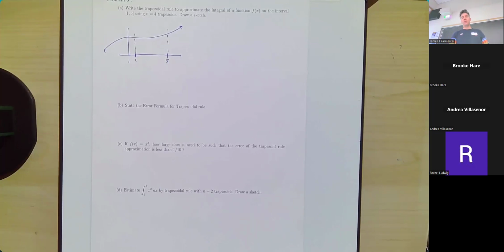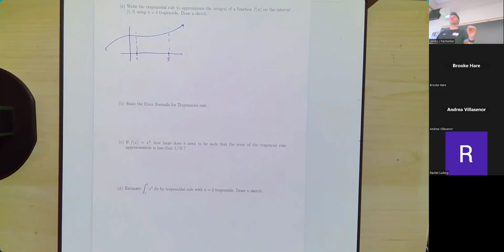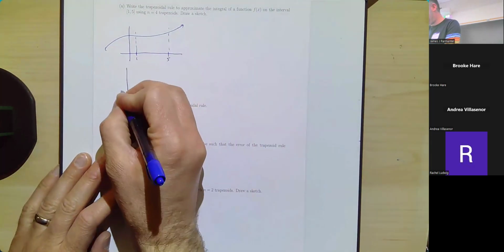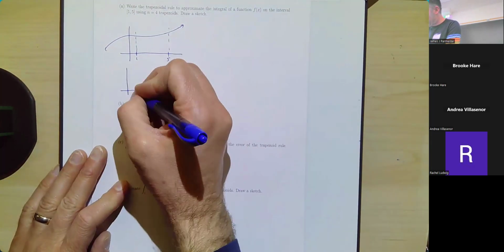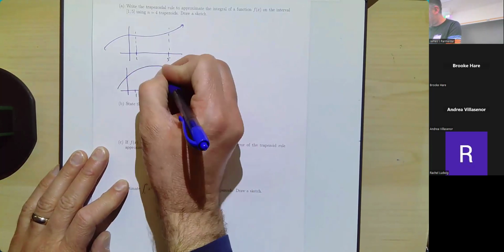Okay. So what I would say is I would actually make my picture not quite this. I would make my curve more rounded. Not because we have to, but because it's easier to draw the trapezoids that look like they're not actually on the curve. So if it were me, I'd say that. If it were me, it's always me. It's no one else, James. It's just you. For me, I would draw it more like this.